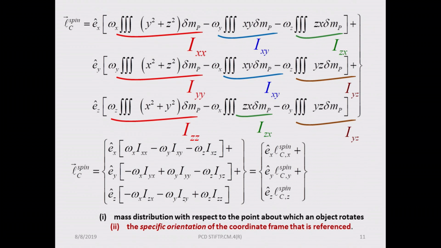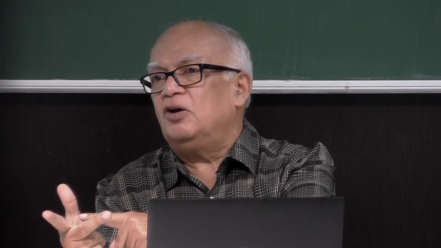not only depends on the mass distribution about a certain point, it also depends on which coordinate frame of reference is being used to describe these integrals. Because if you rotate this, obviously the components along x and y change.